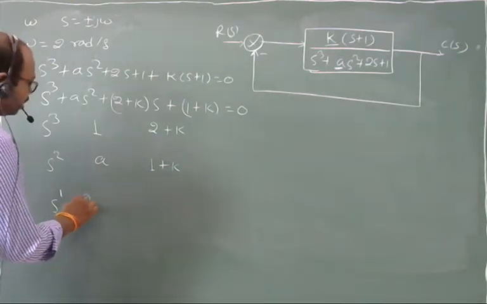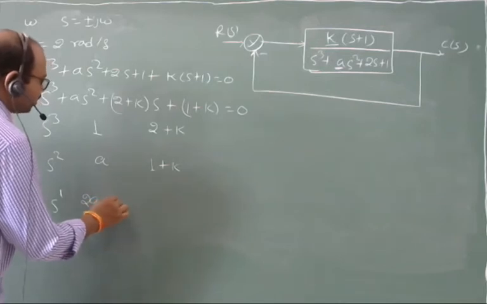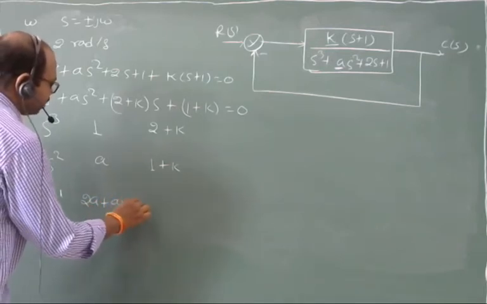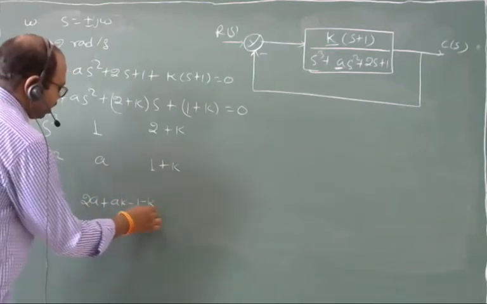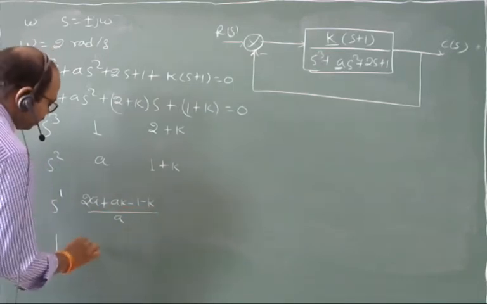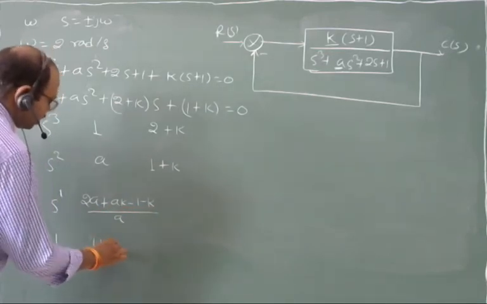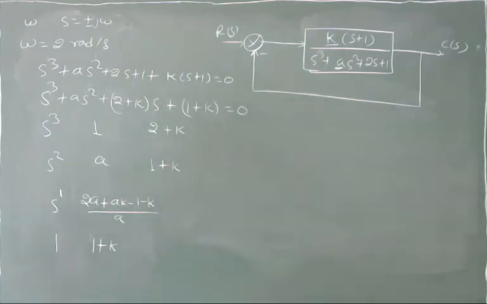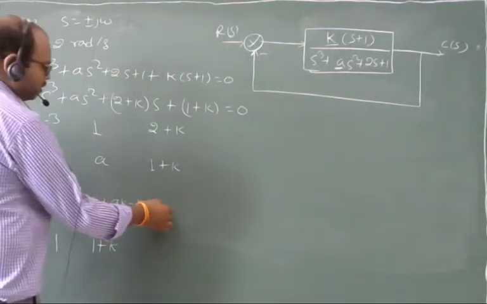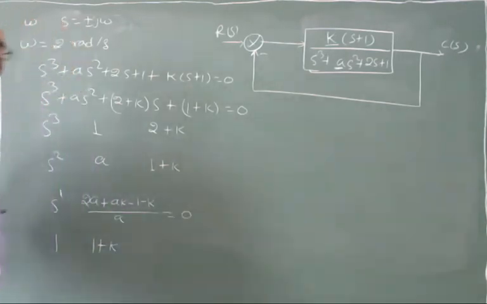Here the s1 row is (2a plus ak minus 1 minus k) divided by a, and the value here is 1 plus k. For sustained oscillation, we will consider this equal to 0.